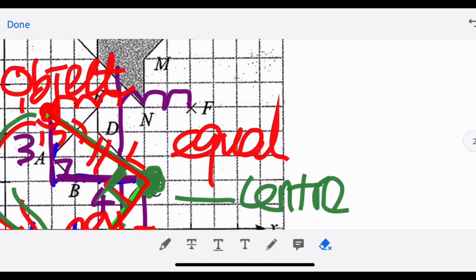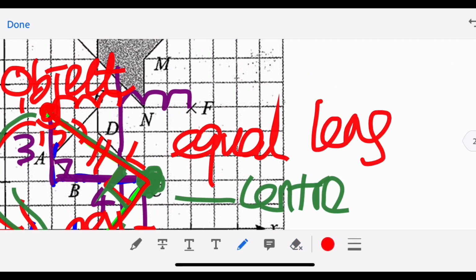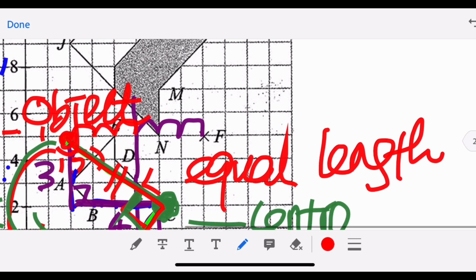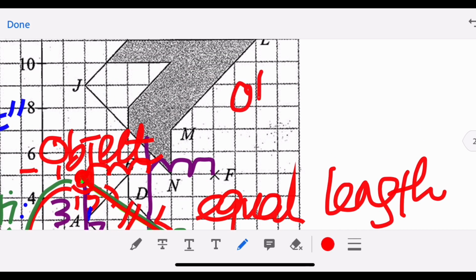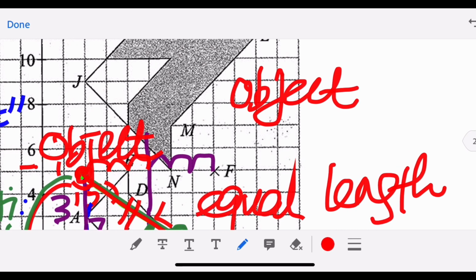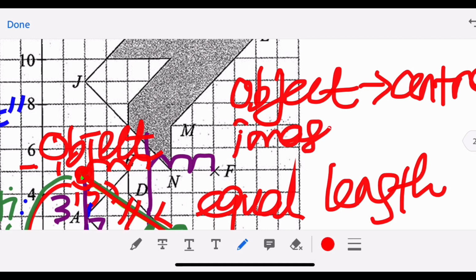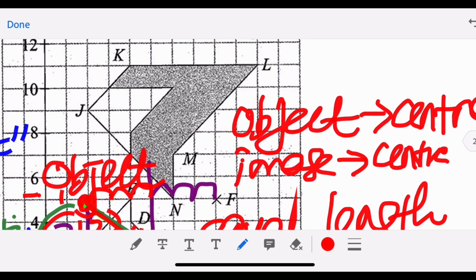Let's study the concept first. Equal length. I'm revising the concept of rotation. The distance from the object to the center must be equal to the distance from the image to the center of rotation.